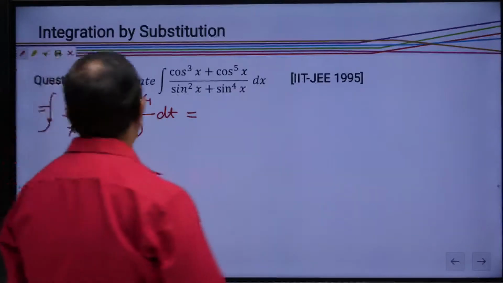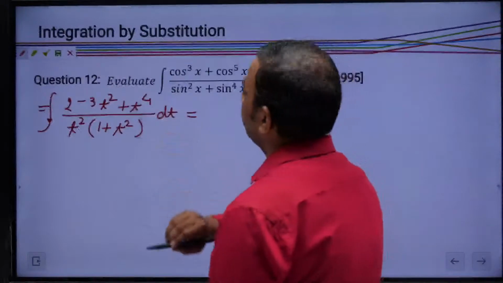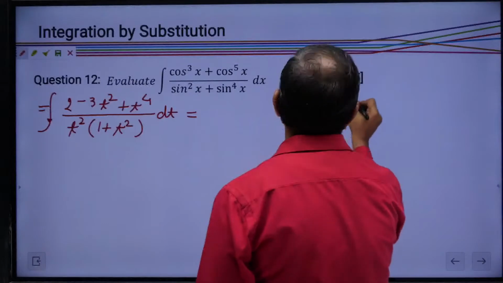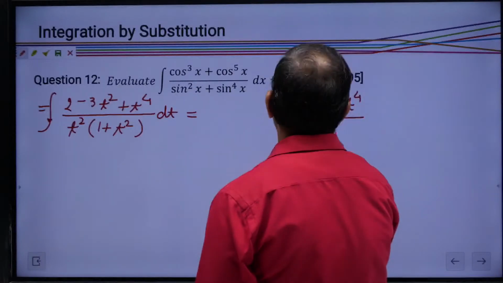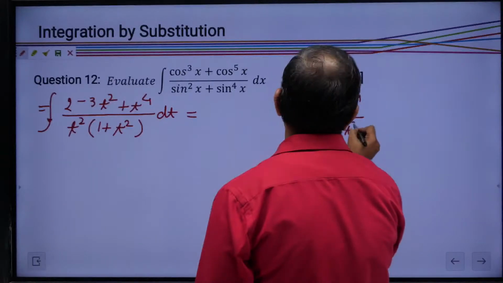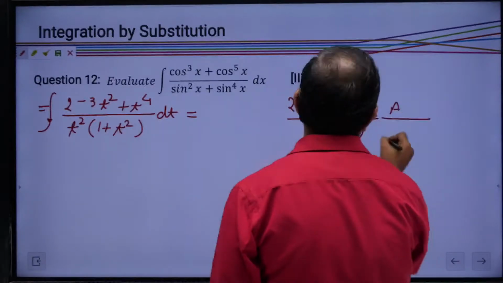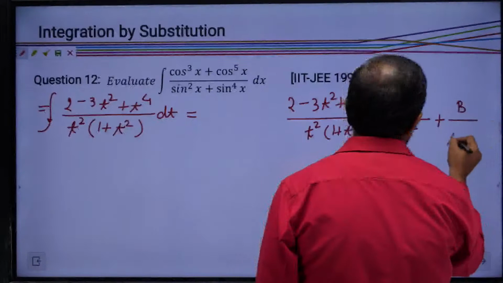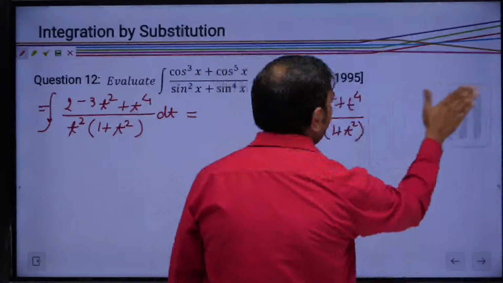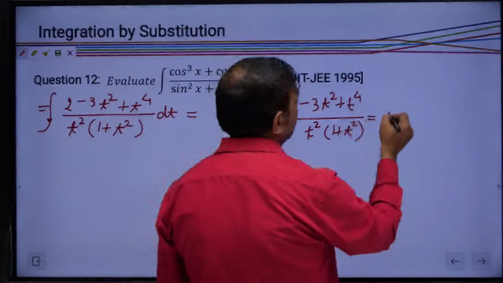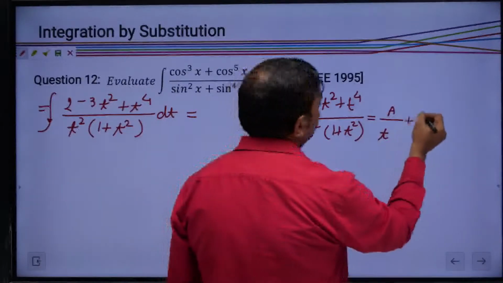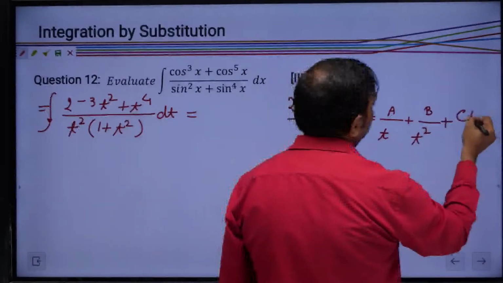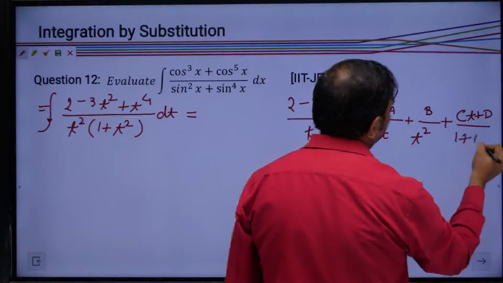So for the partial fraction, we can assume that (2 minus 3t square plus t4) upon t square (1 plus t square) can be partially fractioned as a upon t plus b upon t square plus (ct plus d) upon (1 plus t square).